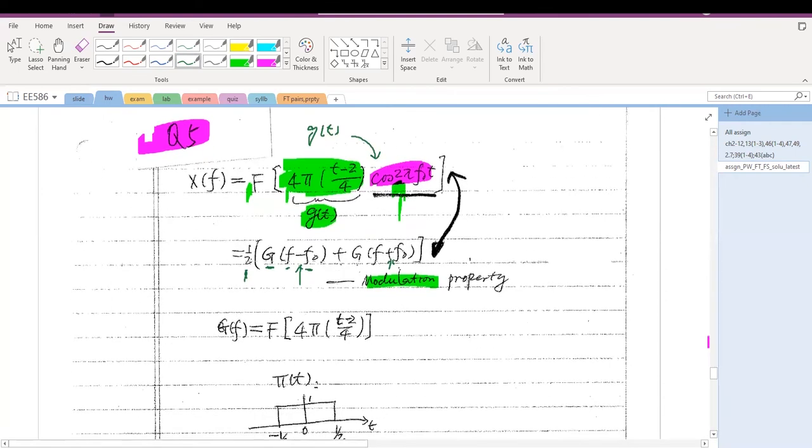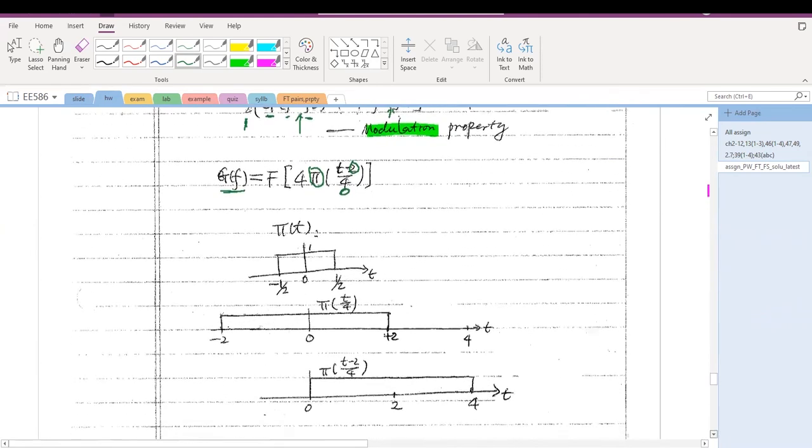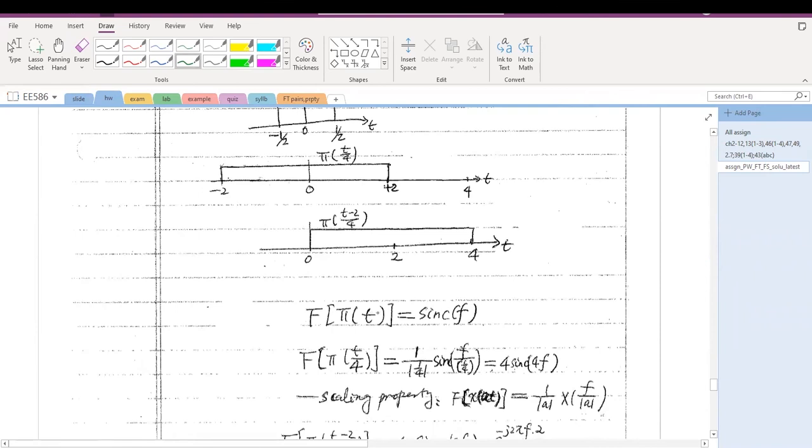Next, we need to find the g of f. First, we want to look at pi of t, that's this. And using the scaling property, this is a Fourier transform. If we take the Fourier transform of pi of t, that's sinc f. Then using the scaling property, the scale is 1 over 4. That's 4 sinc 4f.